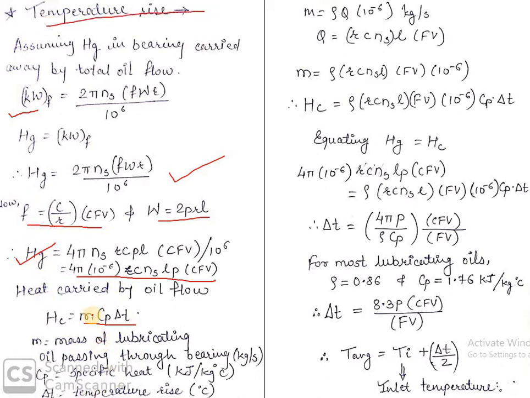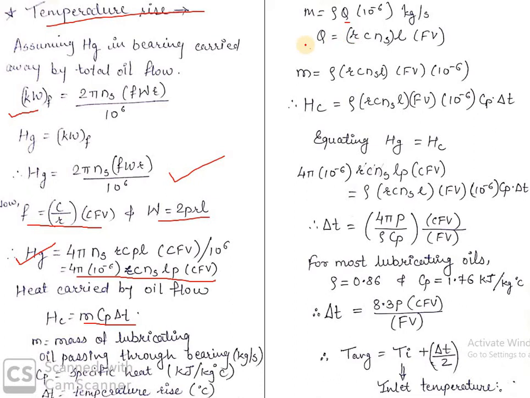Now again we can write m as, we know that density is equal to mass upon volume. Therefore mass will be density into volume, and volume per unit second can be written as flow rate. So m is equal to density into q.